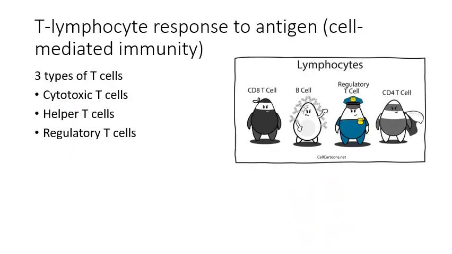All right, so let's look at the T lymphocytes, and their response is cell-mediated immunity. Remember, the T lymphocytes, instead of marking the pathogen the way antibodies do, are going to go after the cells that are infected with the pathogen.